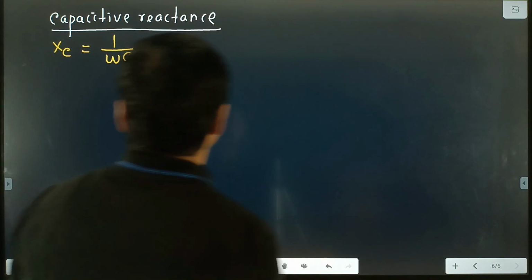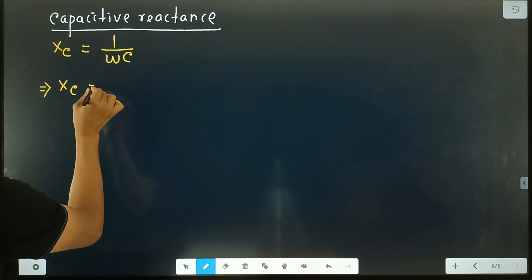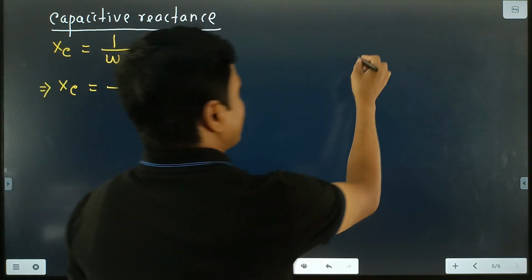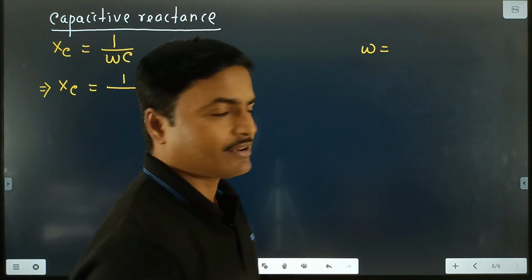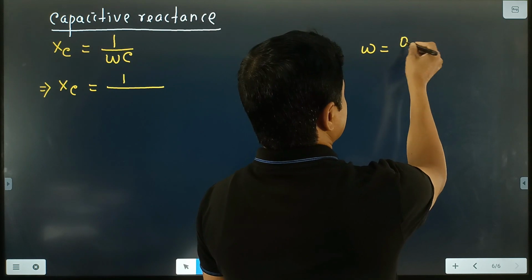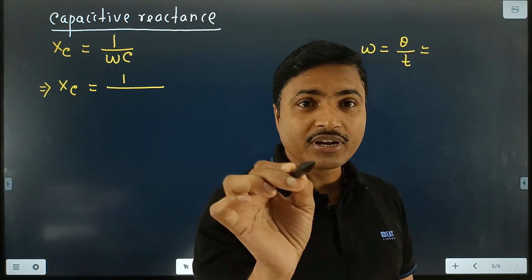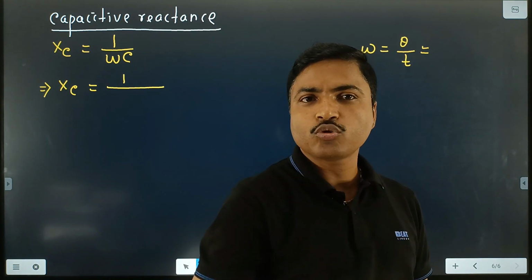And from this expression we write, that implies XC is equal to 1 divided by omega C. What is omega? Omega is the angular velocity, which is angular displacement divided by time. For one complete rotation or one full cycle, the angle of rotation is 2 pi.